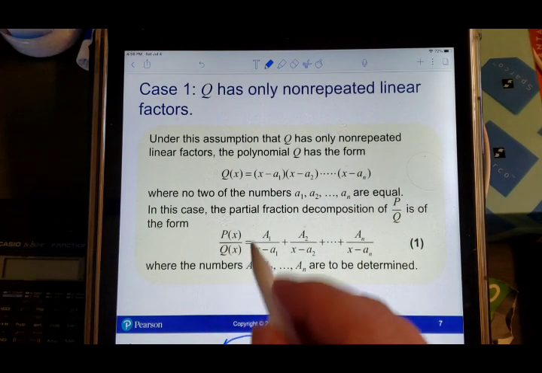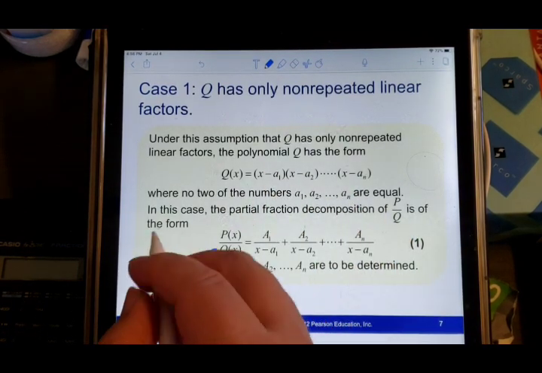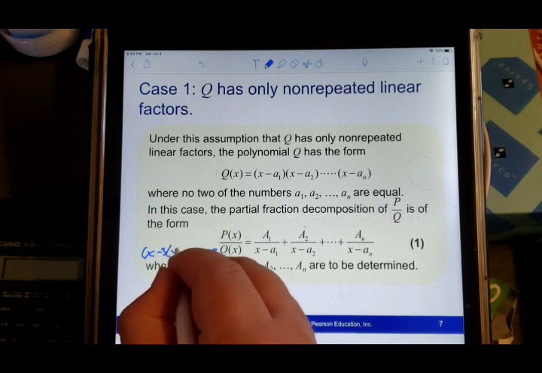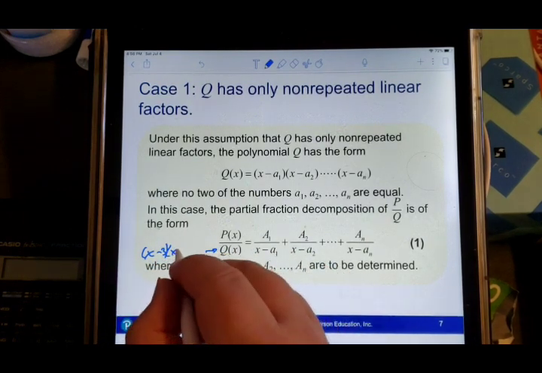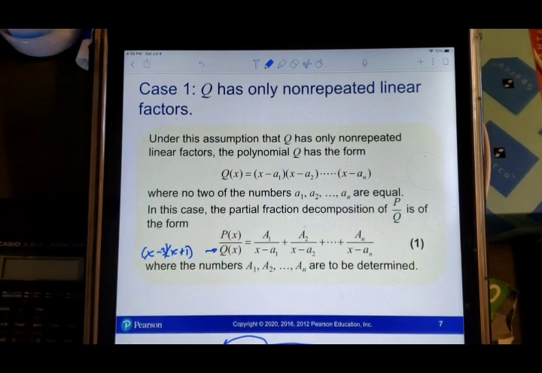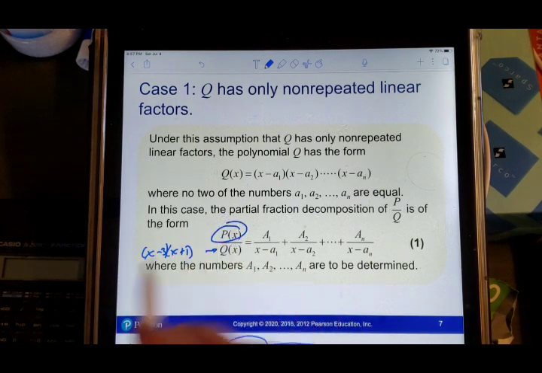If you have a factored polynomial in the denominator, like x minus 3, x plus 1, the role of the numerator is just that it has to be of a lower degree than the denominator. So don't even really care what's up here for now. We're just looking at the denominator.